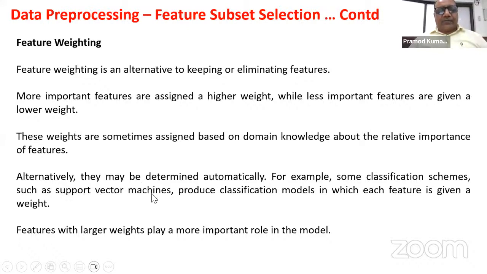It is one example of machine learning which produces a model where weights are assigned to the attributes, basically on the basis of the data set by the algorithm on its own. We do not say from our side what the weight of this will be. So this is an example where the weights are assigned automatically.